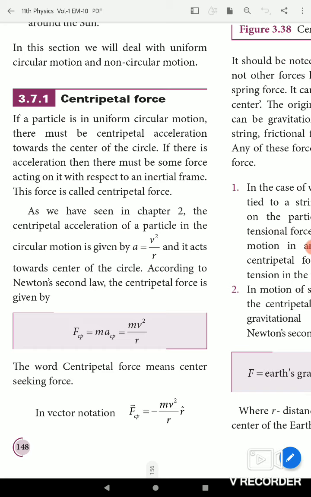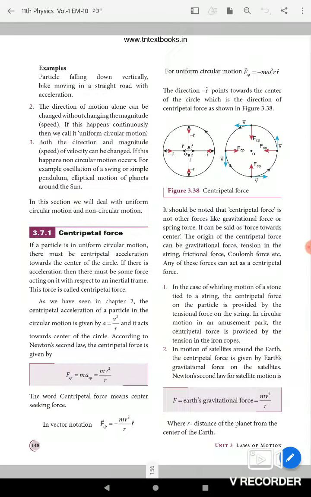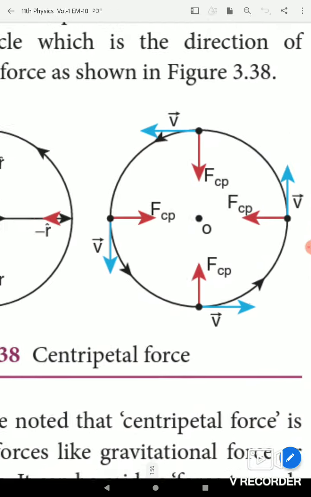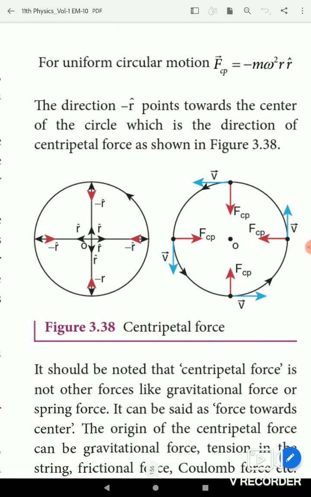You write down a_cp equal to minus v square by r into r cap. This minus sign indicates the particle is moving towards the center.